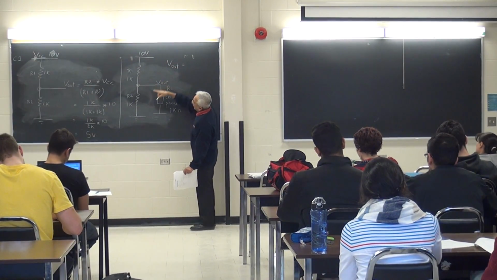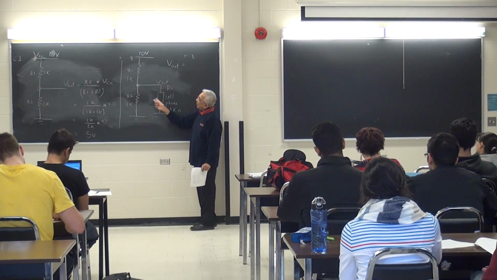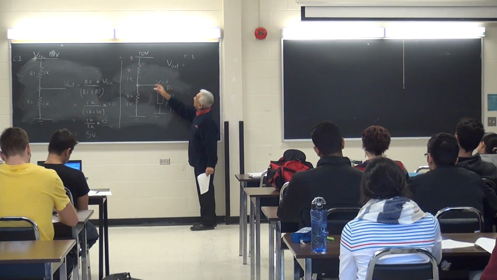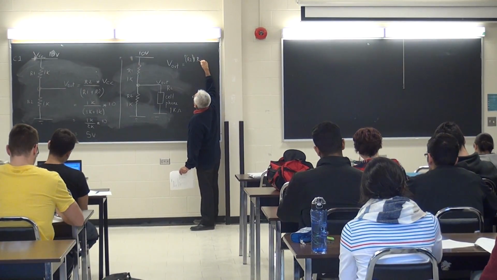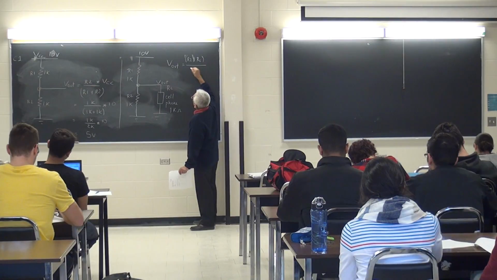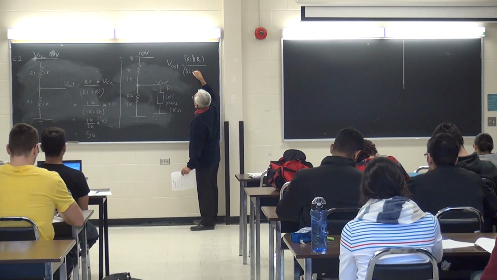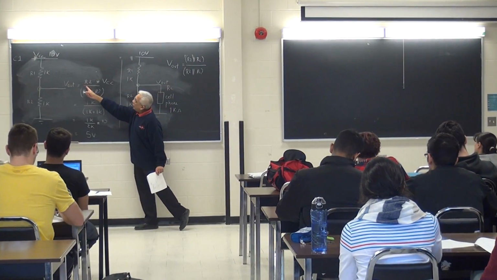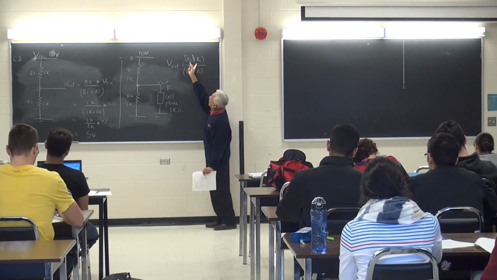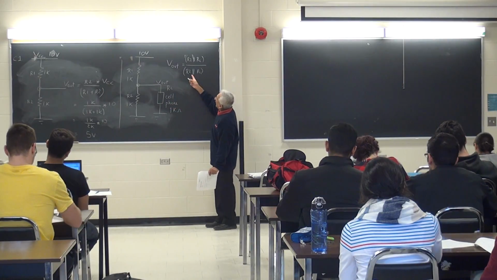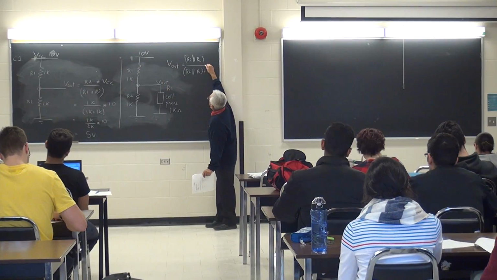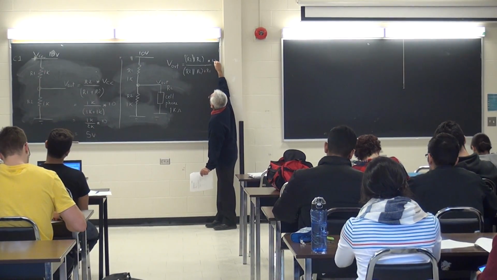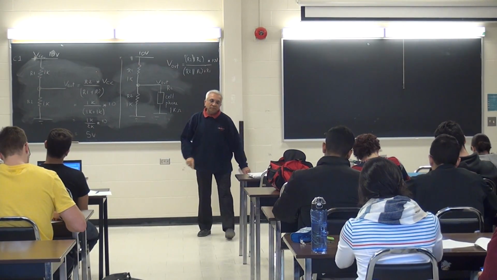This time, do you see that I have a parallel circuit here? So it becomes R2 in parallel with RL, divided by R2 in parallel with RL plus R1, times 10 volts. I'm replacing R2 with R2 in parallel with RL. Do you see what I did there?